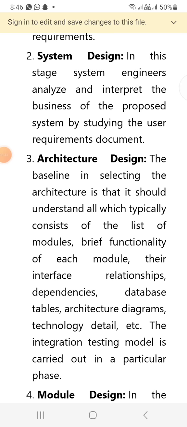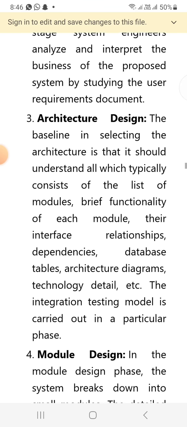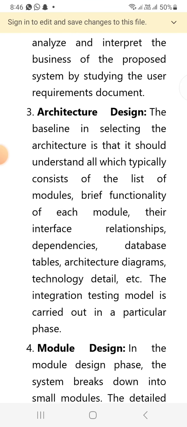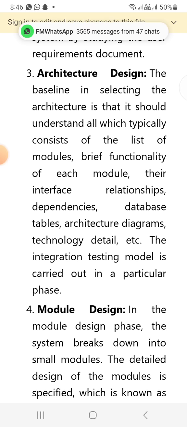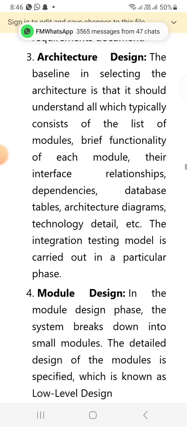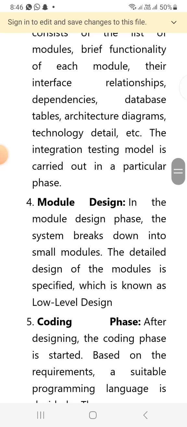The baseline in selecting the architecture is that it should understand everything, which typically consists of the list of modules, brief functionality of each module, their interface relationships, dependencies, database tables, architecture diagrams, technology details, etc.